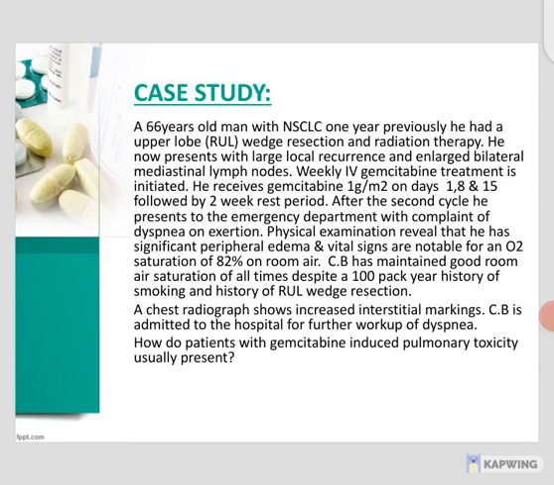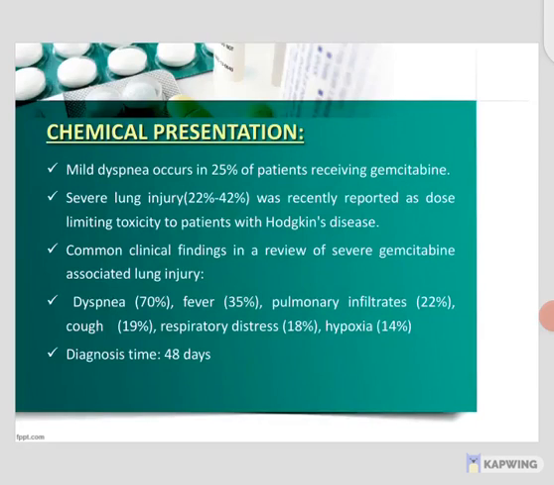How do patients with gemcitabine-induced pulmonary toxicity usually present? Before starting the SOAP notes, I want to discuss clinical presentation. Mild dyspnea occurs in 25% of patients receiving gemcitabine. Severe lung injury, 22 to 42%, was recently reported as a dose-limiting toxicity in patients with Hodgkin's disease.